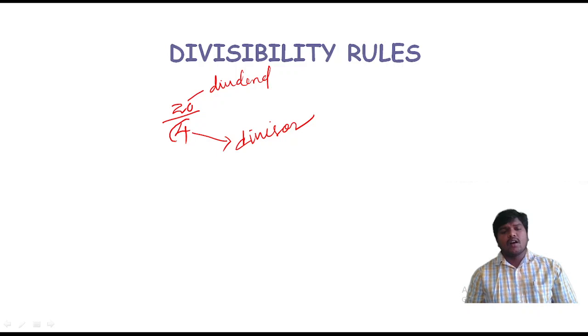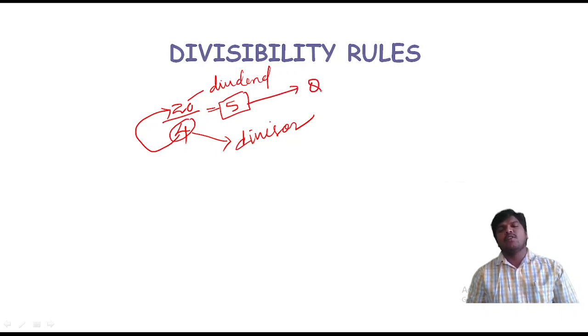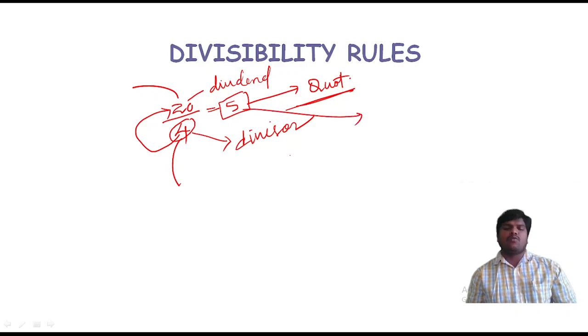It means how many times the divisor exists in the dividend. Here, 4 ones are 4, 4 fives are 20. It says 4 exists 5 times in 20. So this 5 is called the quotient. It is called dividend, divisor and quotient.